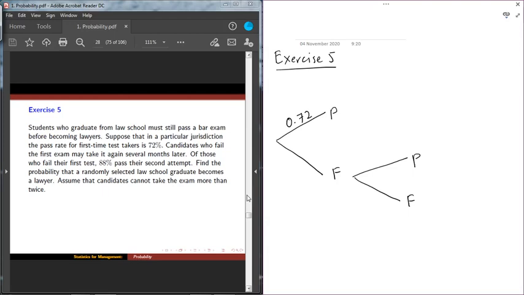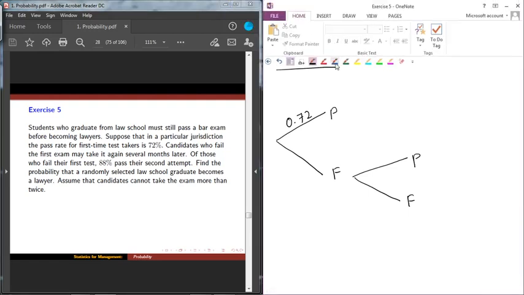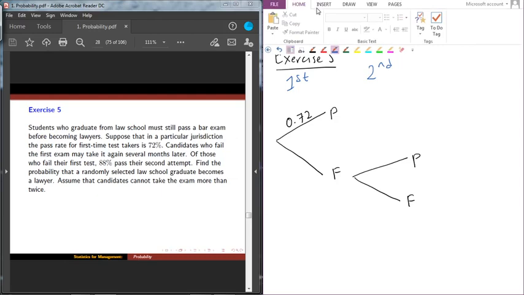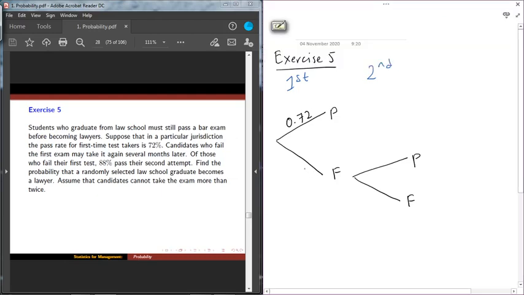This is the first exam, this is the second exam. Candidates who fail the first exam may take it again several months later. Of those who fail the first exam, we are here now.